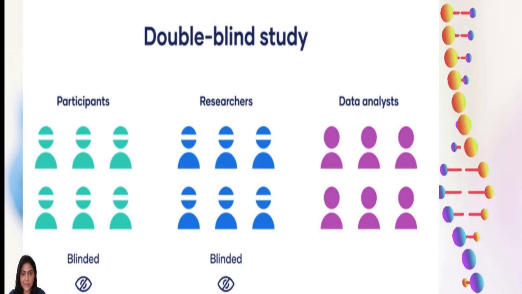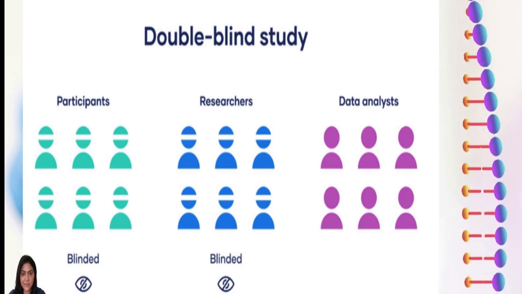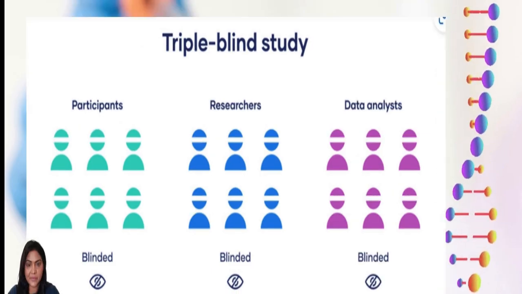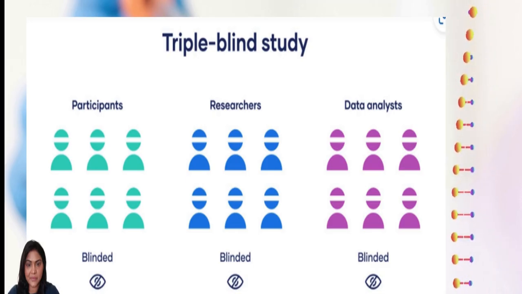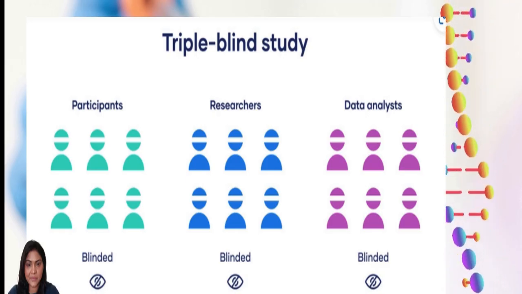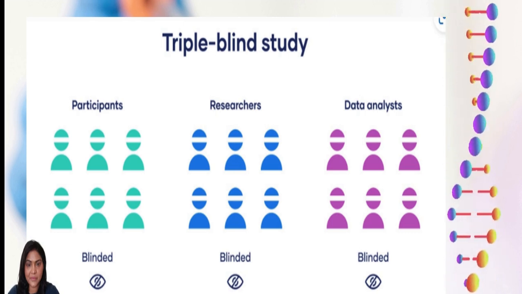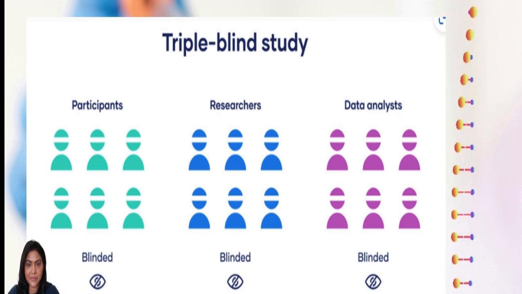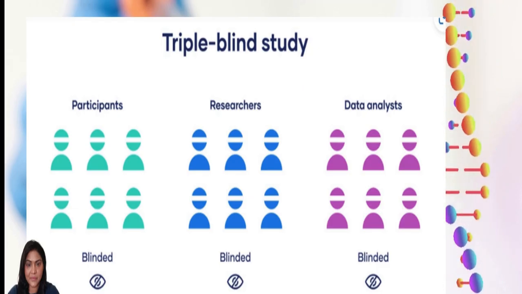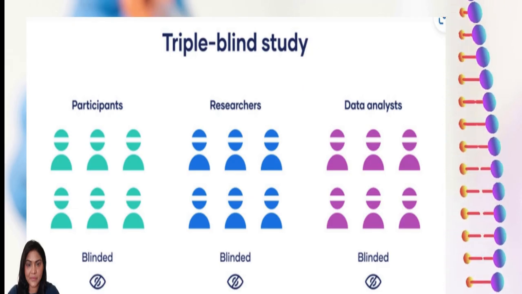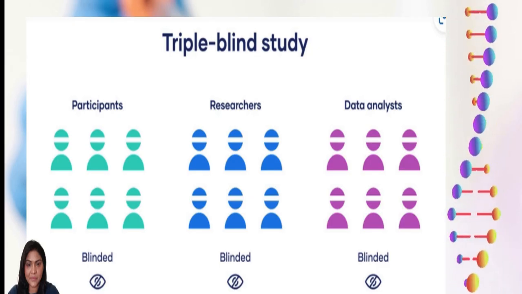Researchers may expect a certain outcome and analyze the data in different ways until they arrive at the outcome they expected. So in triple blinding, I can say the participant of the study, the researcher of the study, and the data analyst team: no one is aware of the treatment.